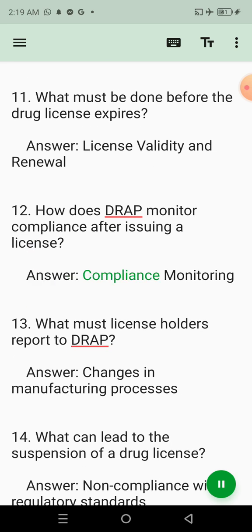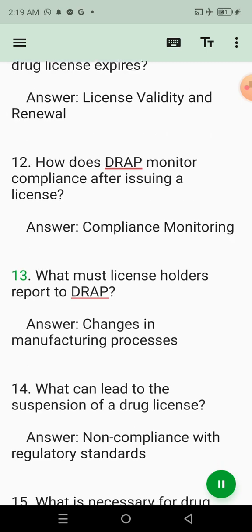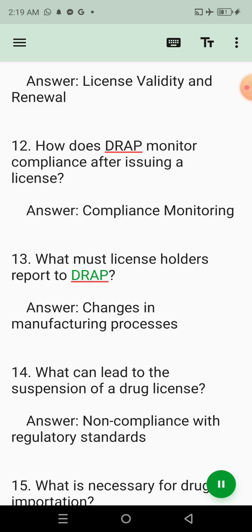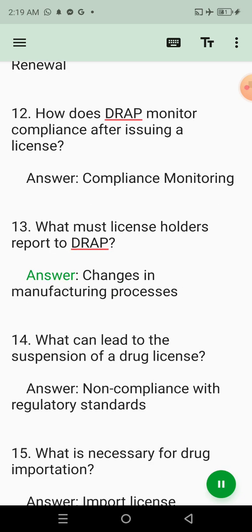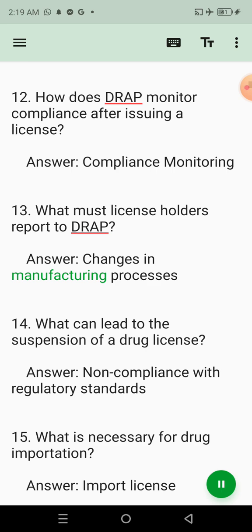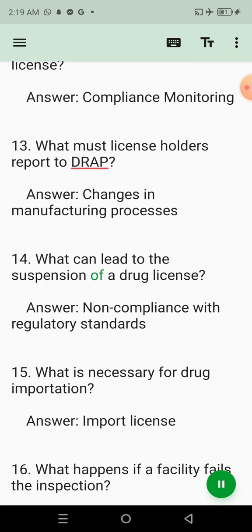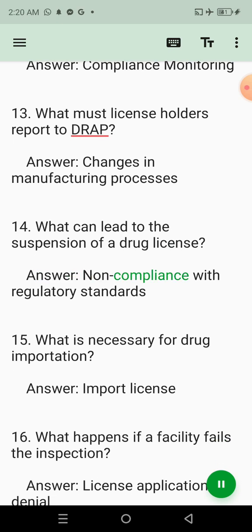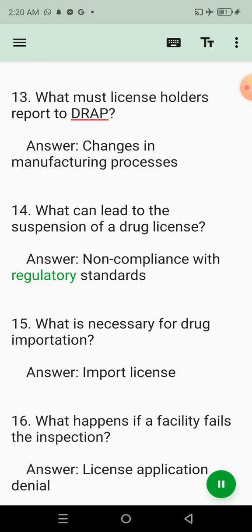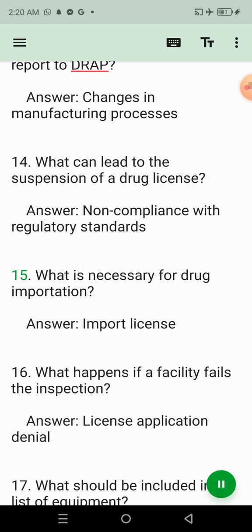Answer: compliance monitoring. 13. What must license holders report to DRAP? Answer: changes in manufacturing processes. 14. What can lead to the suspension of a drug license? Answer: non-compliance with regulatory standards.